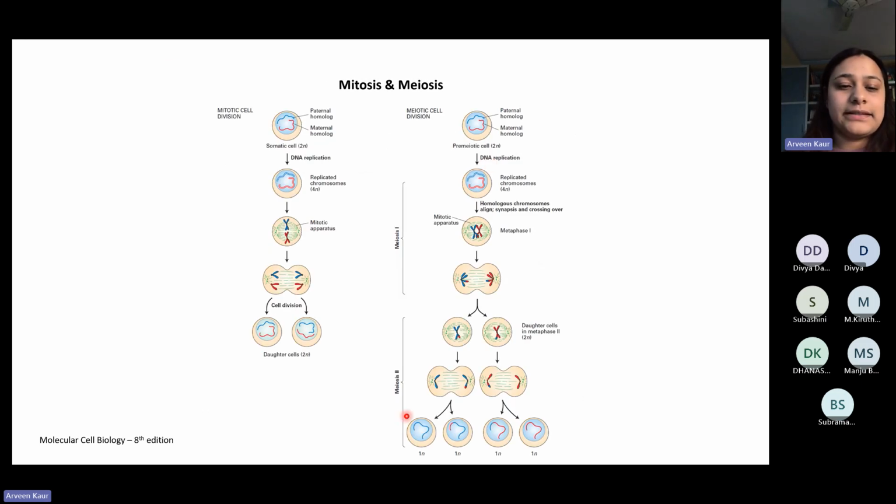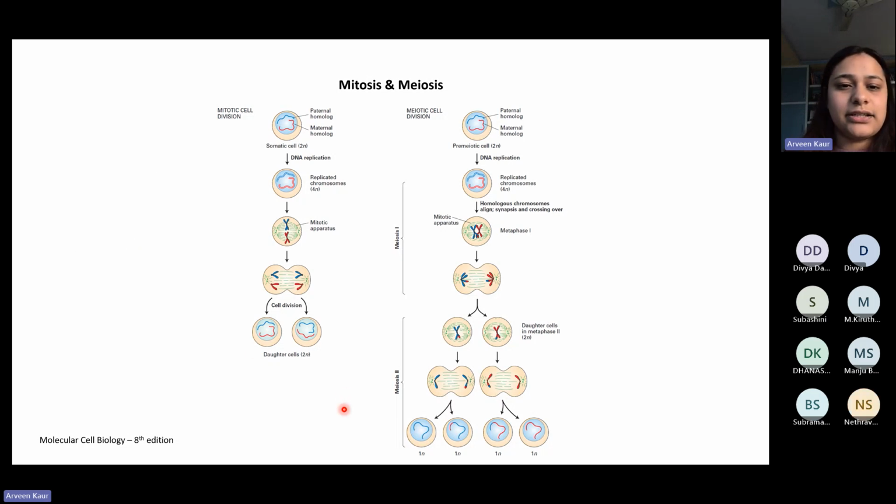Right. Then the next two slides are something that I have already discussed, but I have nonetheless kept them in this week's lecture for people who had not attended my week two lecture, right? So over here, there is a difference between mitosis and meiosis that has been represented.